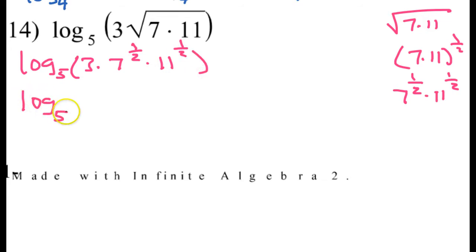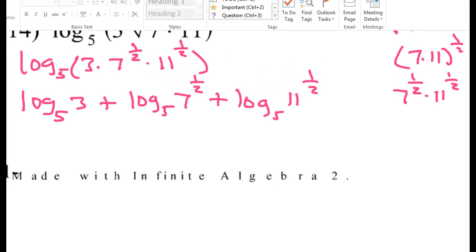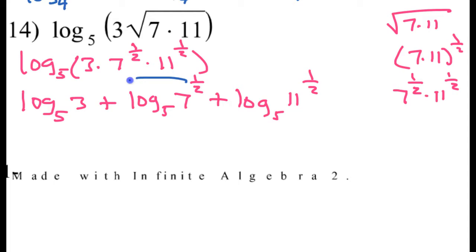Using the product rule, I have log base 5 of 3 plus log base 5 of 7 to the 1/2 power plus log base 5 of 11 to the 1/2 power. All that's left is to use the power rule to move these exponents to the front.